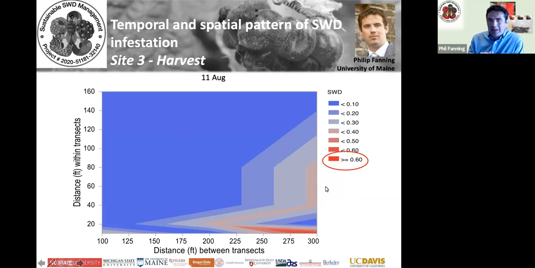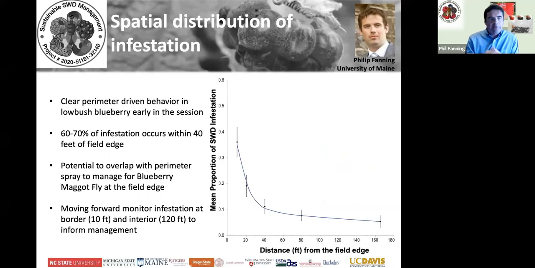But for the most part, again, it's really low levels associated with those treatments, but it's centered around that border area of the field. So when we visualize that completely, we can see here in the graph on the right-hand side, this is the spatial distribution of infestation from spotted wing Drosophila moving from the edge of the field into the interior of the field, or into 160 feet into the field.